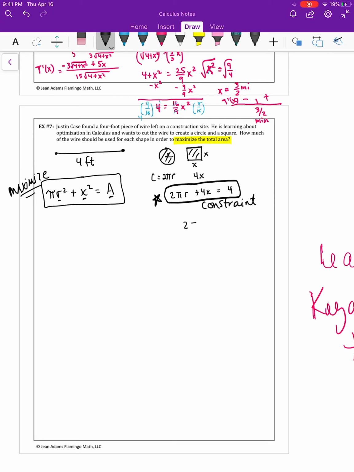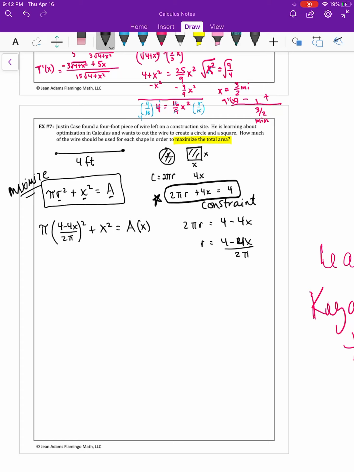I don't want to take the derivative when I've got 1, 2, 3 unknowns. So I'm going to use my constraint equation to make it so that I only have 2 unknowns here. And so what I did was I said that 2 pi r was 4 minus 4x, and I said that r was equal to 4 minus 4x all over 2 pi.